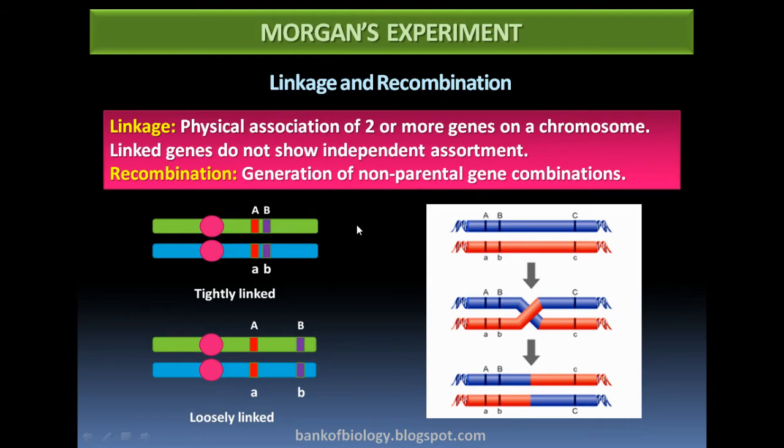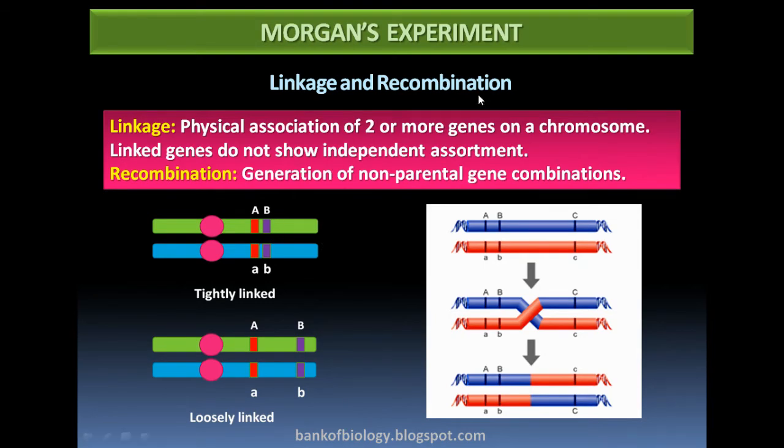This is a very important statement: linked genes cannot segregate, they cannot show independent assortment. Therefore, parental combinations are more frequent in the progeny.